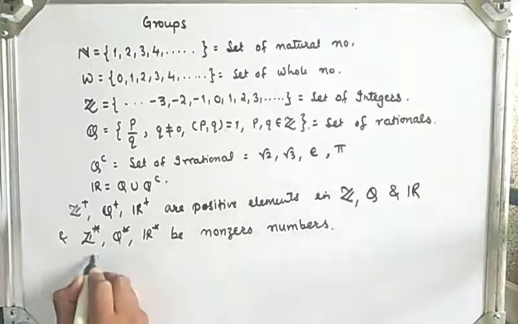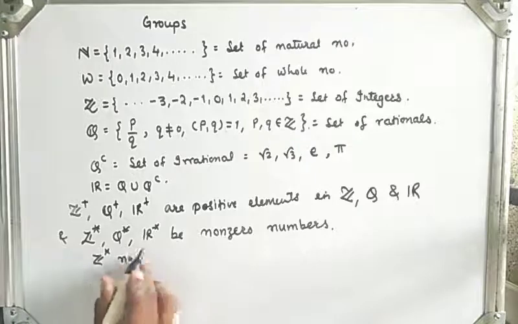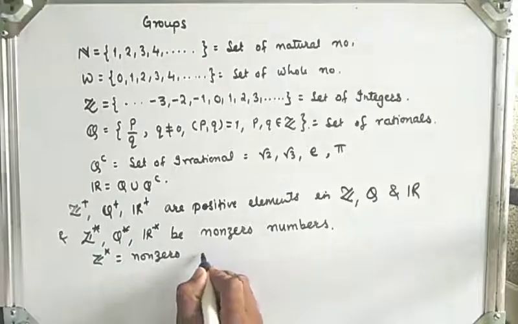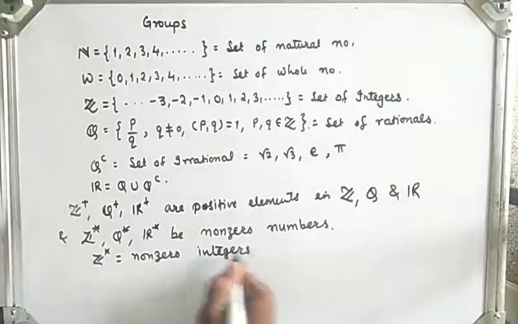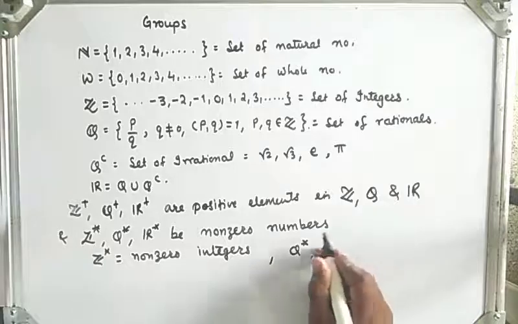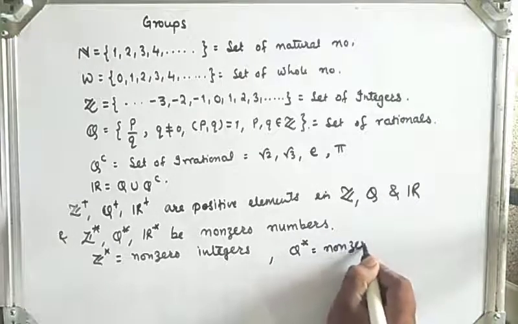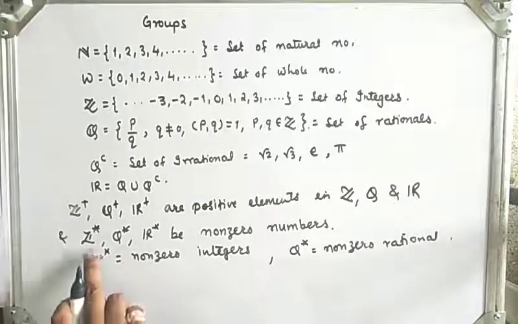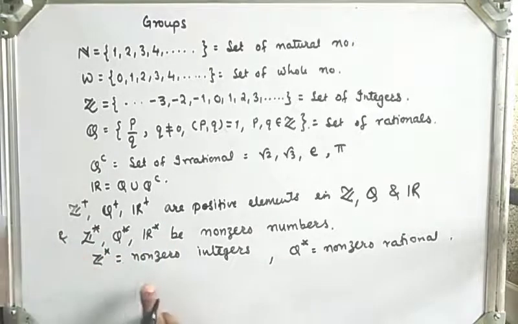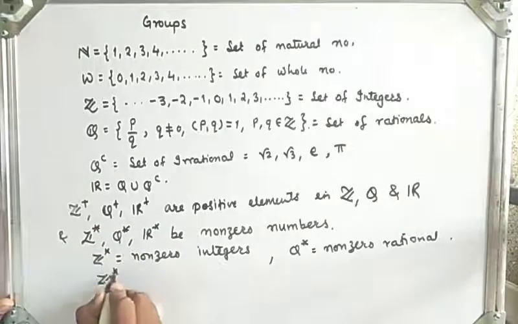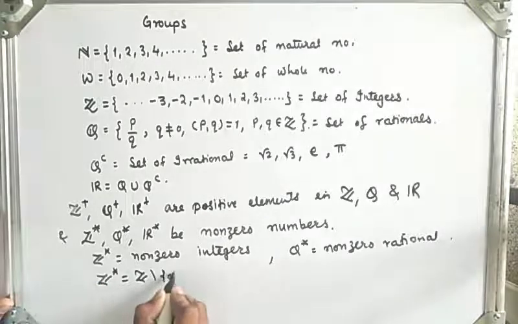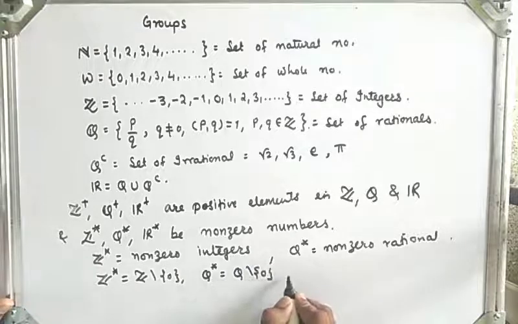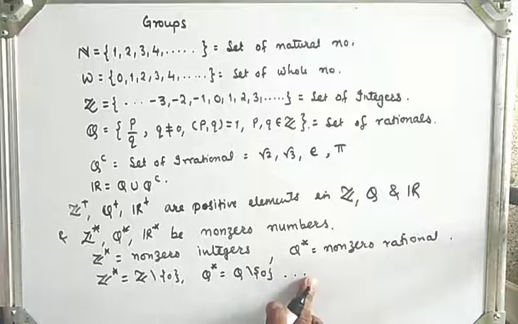Z star is the non-zero integers, Q star is the non-zero rational numbers, and so on. So Z star is equal to Z minus the singleton 0, Q star is denoted by Q minus singleton 0, and R star is denoted by R minus singleton 0.